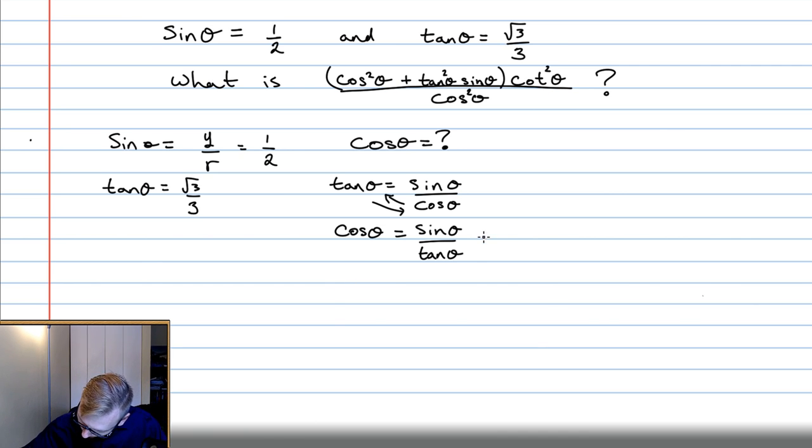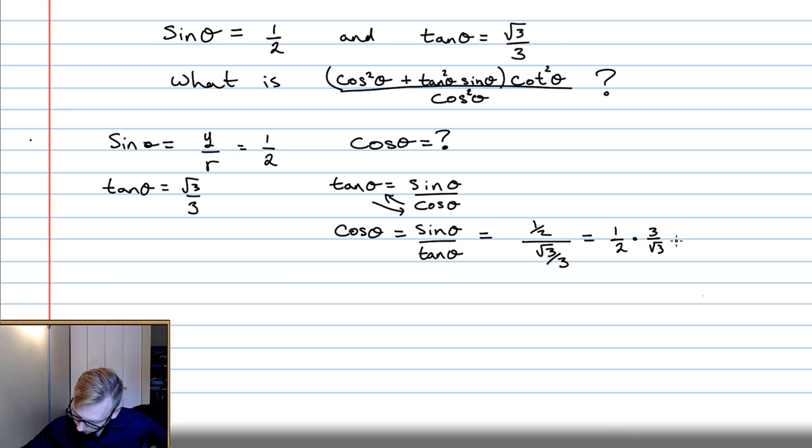And well, sine theta we know it's 1 over 2, and tan theta is root 3 over 3. So let's simplify. We've got a fraction on the top and a fraction on the bottom, so we just multiply by the reciprocal of the bottom fraction. So this would be 3 over root 3, right?